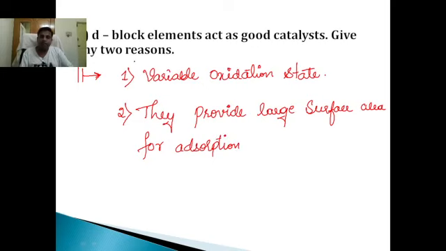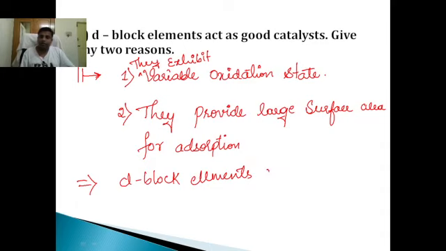One is they exhibit variable oxidation state. The second reason is they provide large surface area for adsorption. So because of these 2 reasons, d block elements act as very good catalysts.